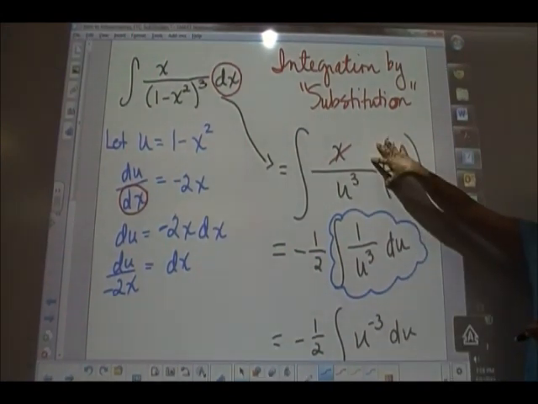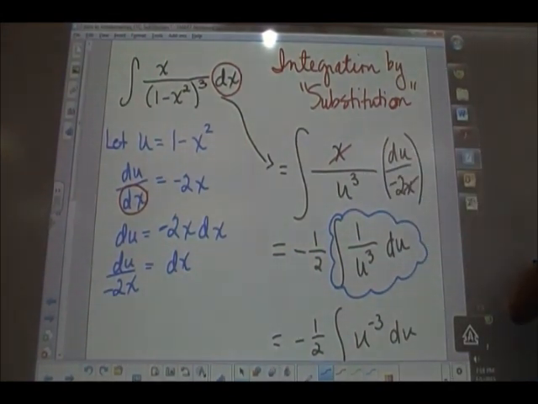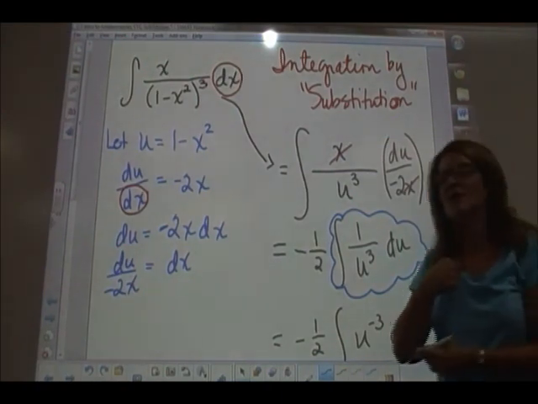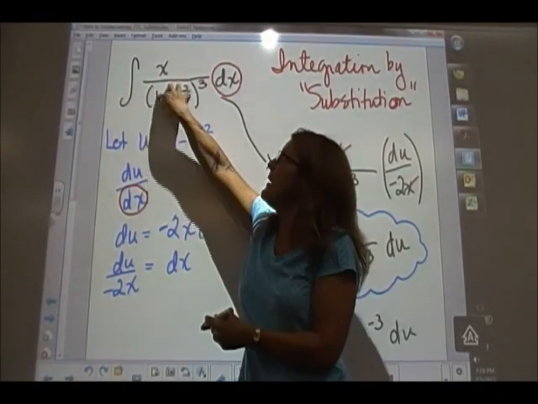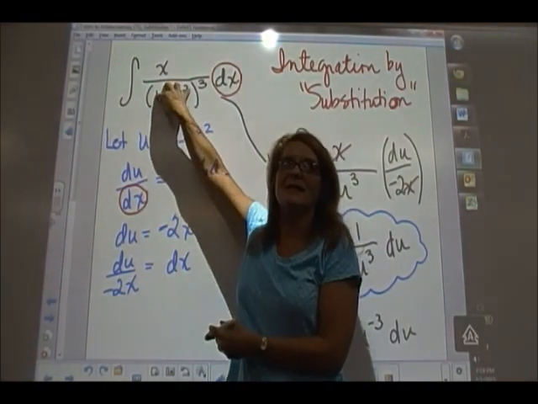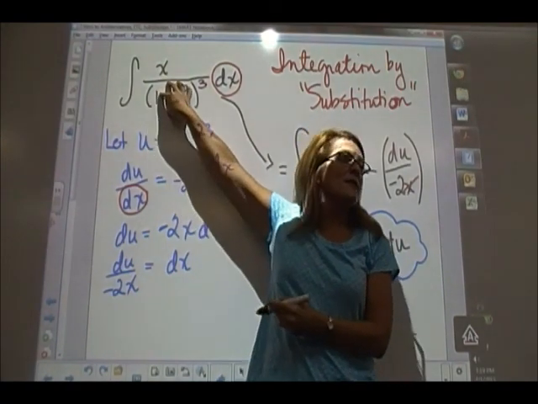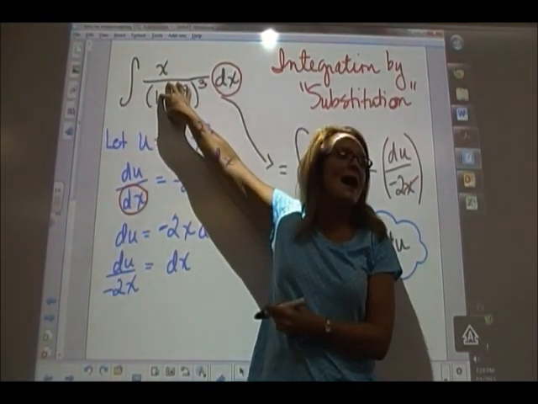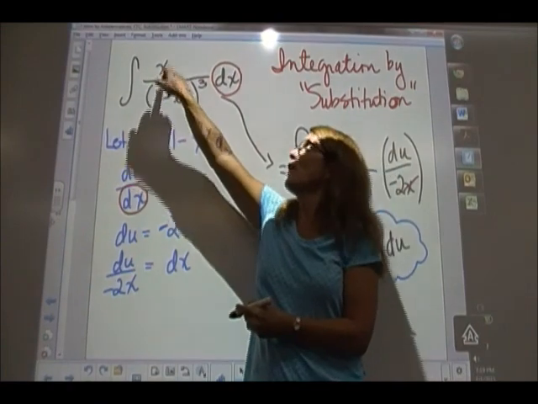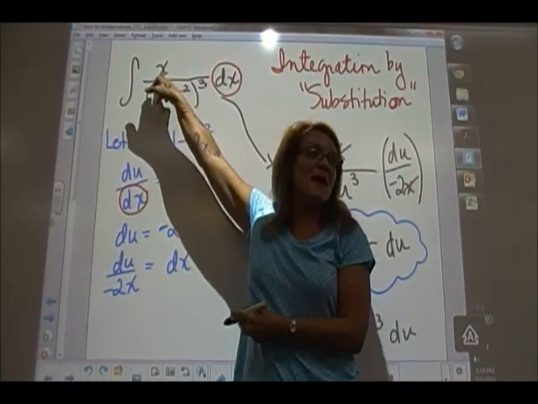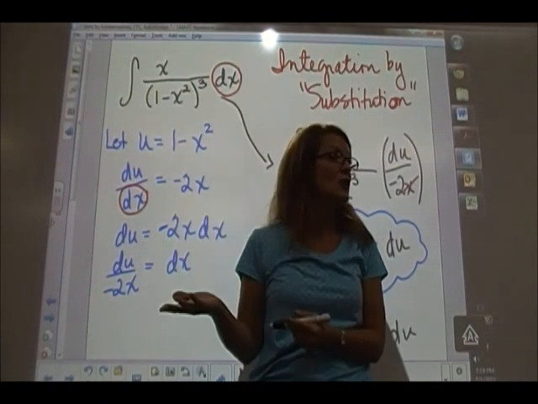That's the point. So I could see, because I've been doing this for 30 years, that if I picked what was inside the parentheses here and took the derivative of something squared, I'm going to get something to the first power, and maybe that would cancel with that x to the first.